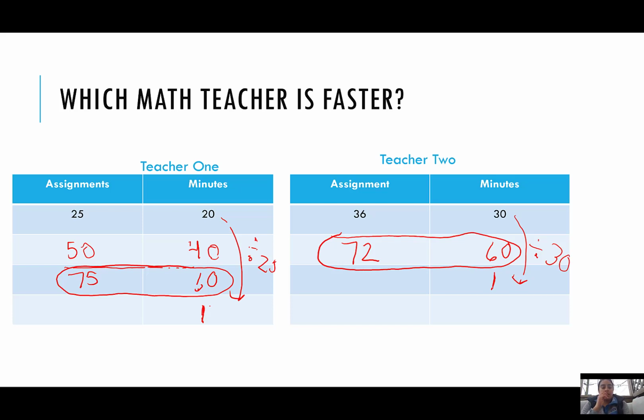On the same side here, I would have to do the same thing to the other side of the ratio and divide 25 by 20, which is a long division problem that we can do.